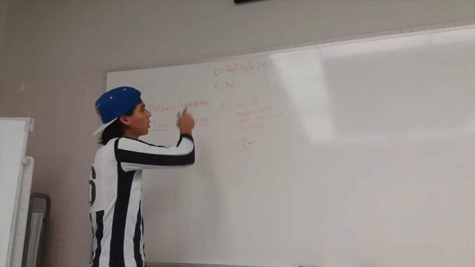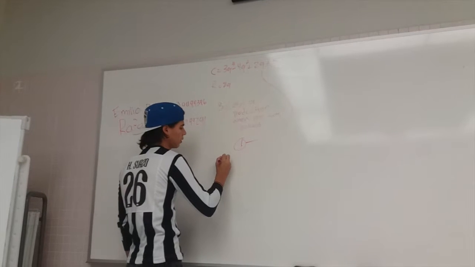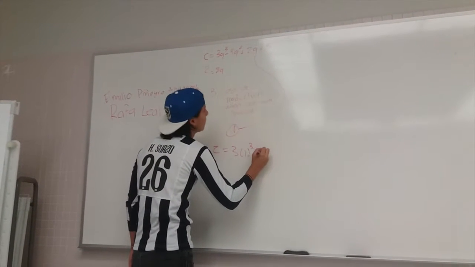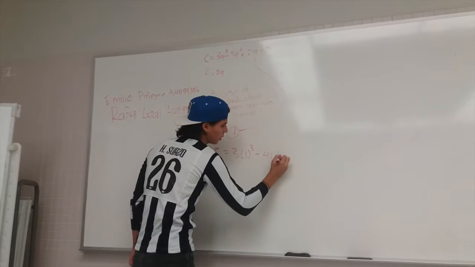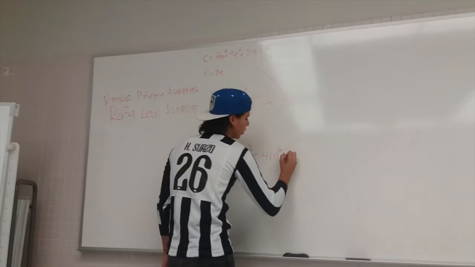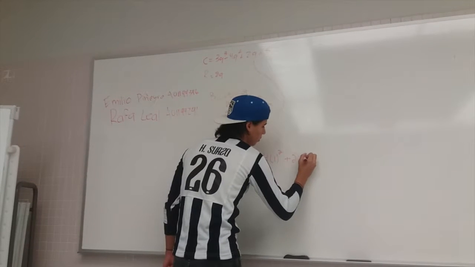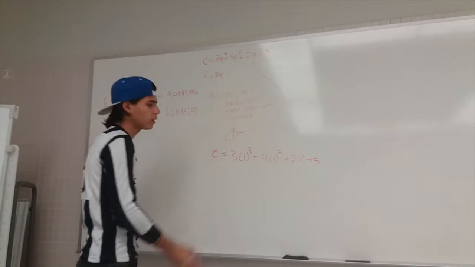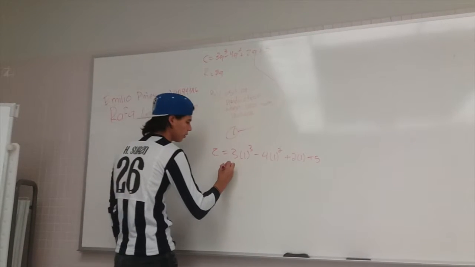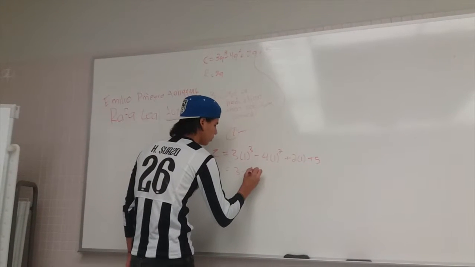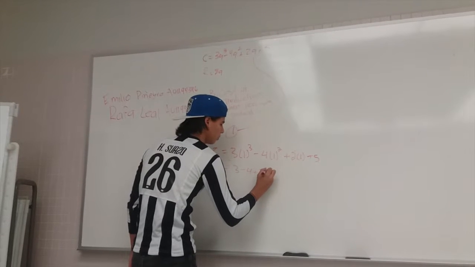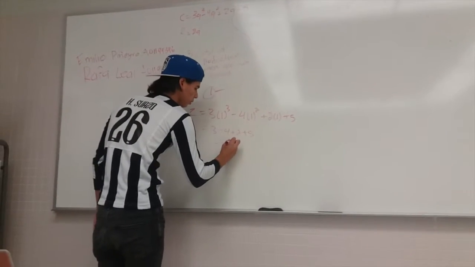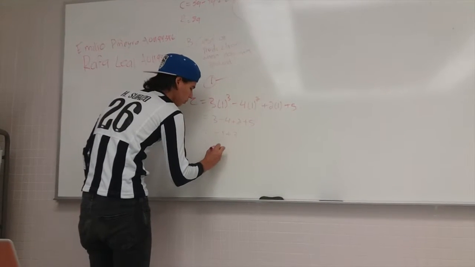So we use the equation of total cost, that is C equals 3 times 1 cubed minus 4 times 1 squared plus 2 times 1 plus 5. Then we just solve it, and we get 3 minus 4 plus 2 plus 5, which is equal to negative 1 plus 7, and this is equal to 6.